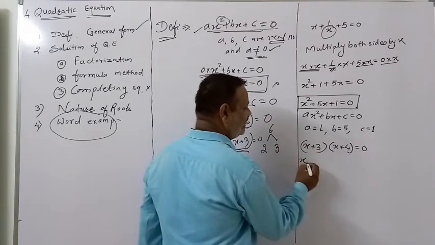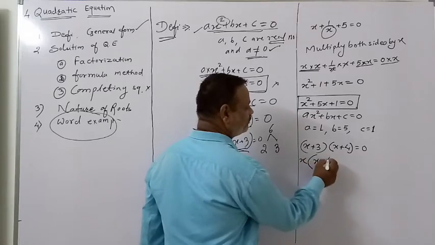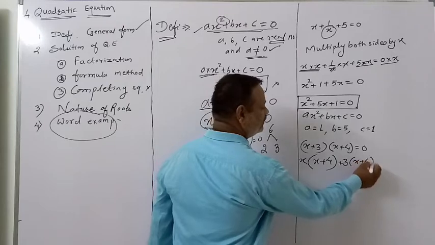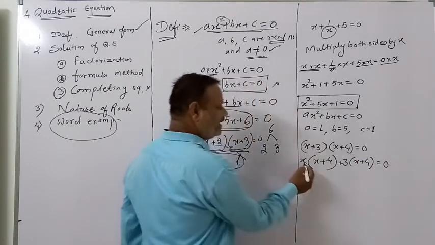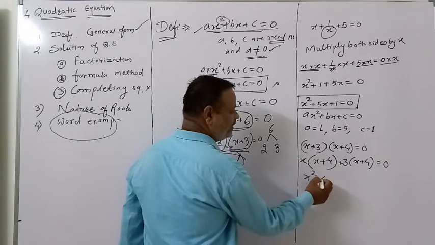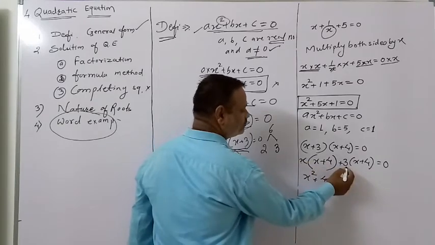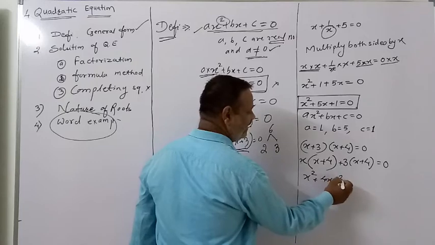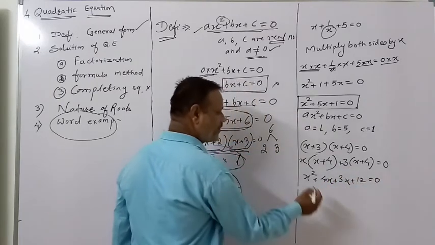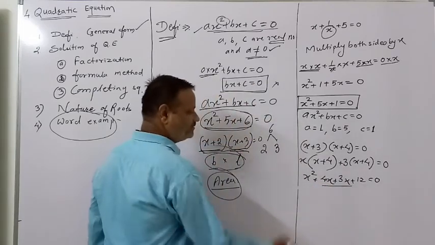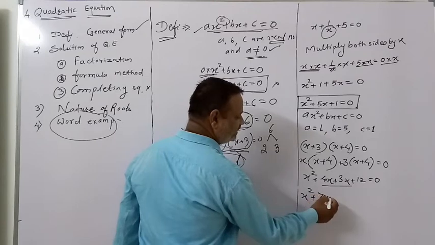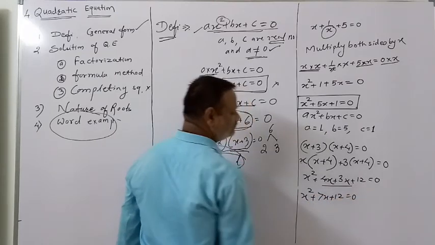So first we multiply by x, so x into x plus 4, here plus 3 into x plus 4 is equal to 0. x into x becomes x square. Here x into 4 becomes 4x. 3 into x becomes 3x, and 3 into 4 becomes 12 is equal to 0. Here these are the like terms. Then what we will do? x square plus 4 plus 3, what? 7x plus 12 is equal to 0.